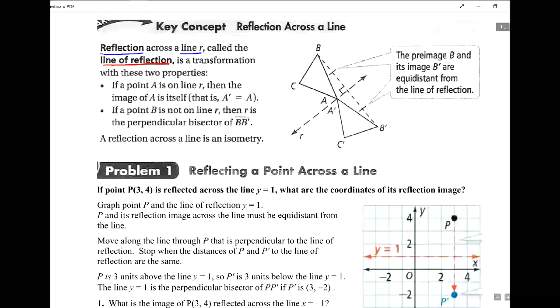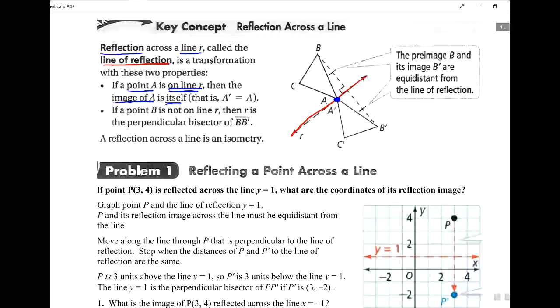First, if point A is on line R, our line of reflection that goes down the middle here, this is what we're flipping it across. If point A is on this line, we just flip it over. Then the image of A is itself. A and A prime are the same point.